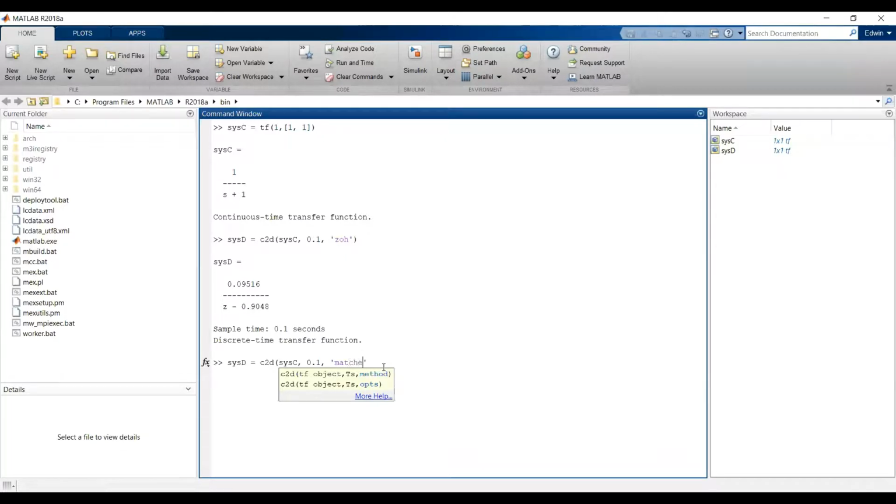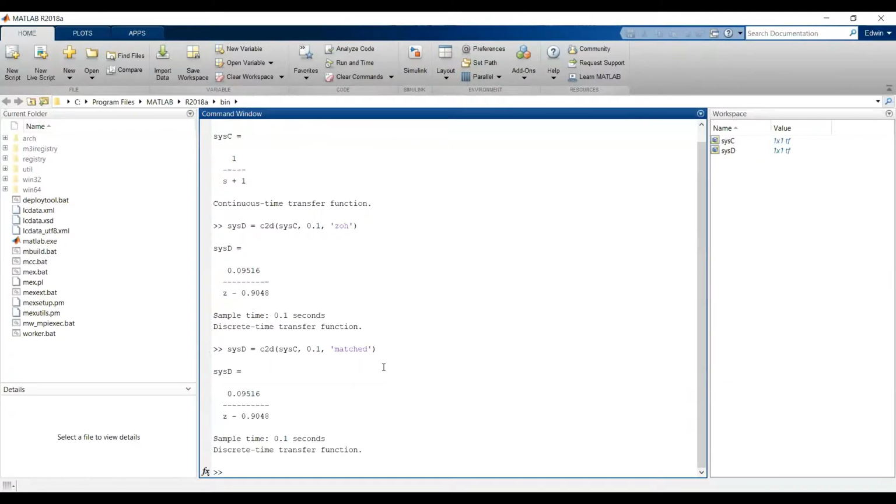So this is the pole zero matching method. So when I execute this, I get sysD as 0.09516, which is 0.0952 divided by z minus 0.9048, which is the same as when using the Z or H method.